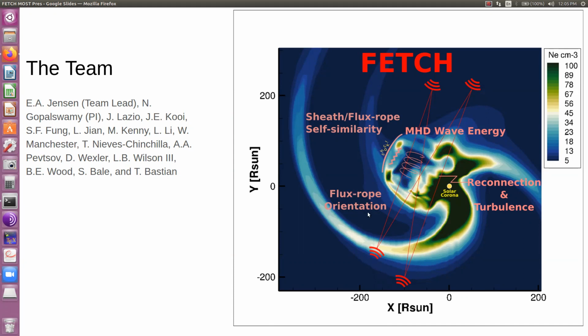Because we are measuring magnetic field, you can take your flux rope model and you can calculate what the flux rope orientation would be in order to produce that type of Faraday rotation, which I'll show you an example of. And then on the back end, you're going to have turbulence that occurs as the field lines, you have this strong structure that's plowing through at high velocity.